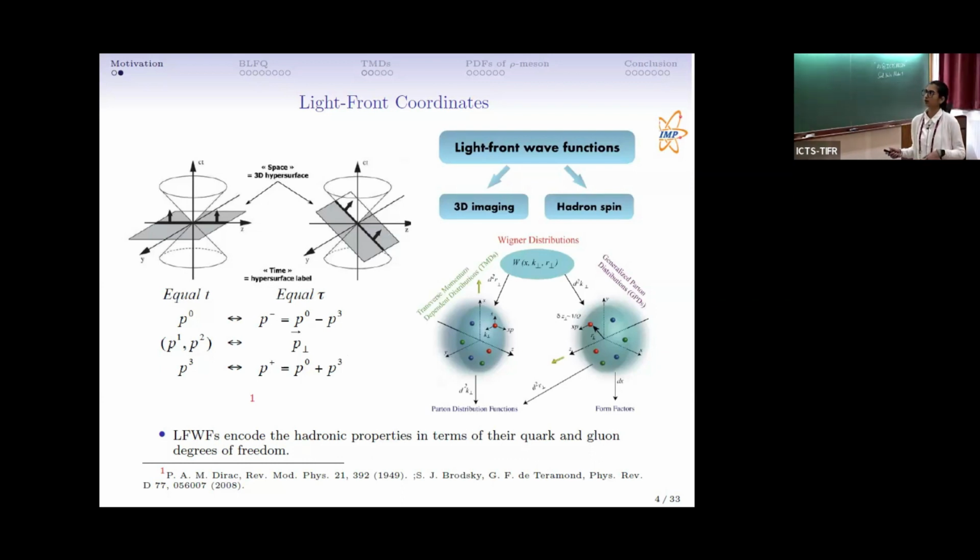Once we have the light front wave functions, we can study the three-dimensional structure of the hadron. We can study the hadron spin, how it is decomposed into the partons. And from that we can also study three-dimensional structures like transverse momentum dependent distributions and GPDs. And in a further limit, we can also study parton distribution functions and form factors.